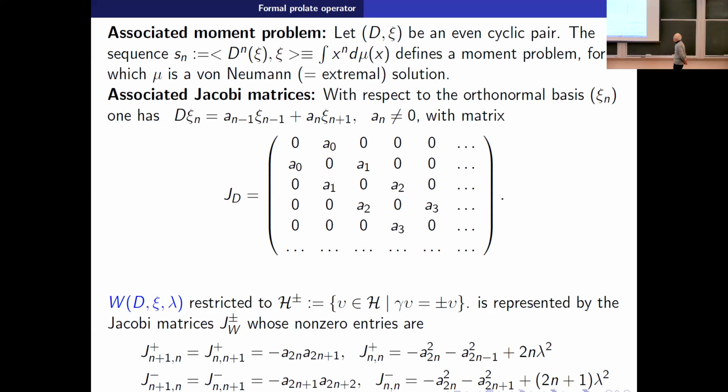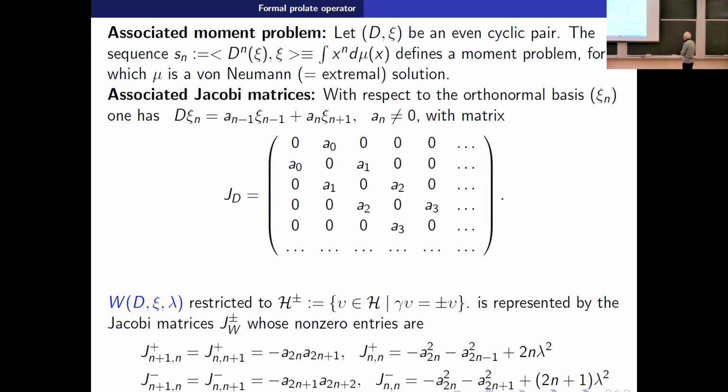Now we had the associated formal prolate operator, and that one also has a matrix, but on the diagonal it will have these extra terms, because remember we are adding the number operator multiplied by lambda.